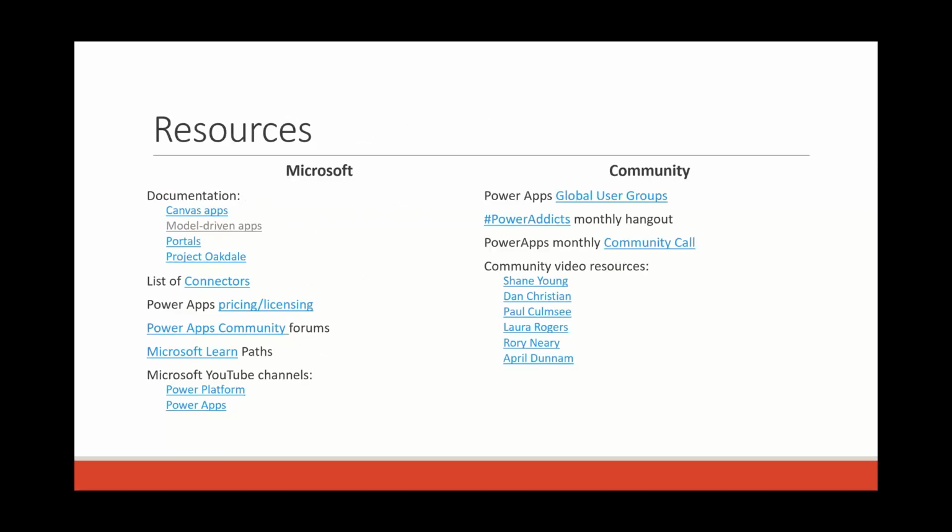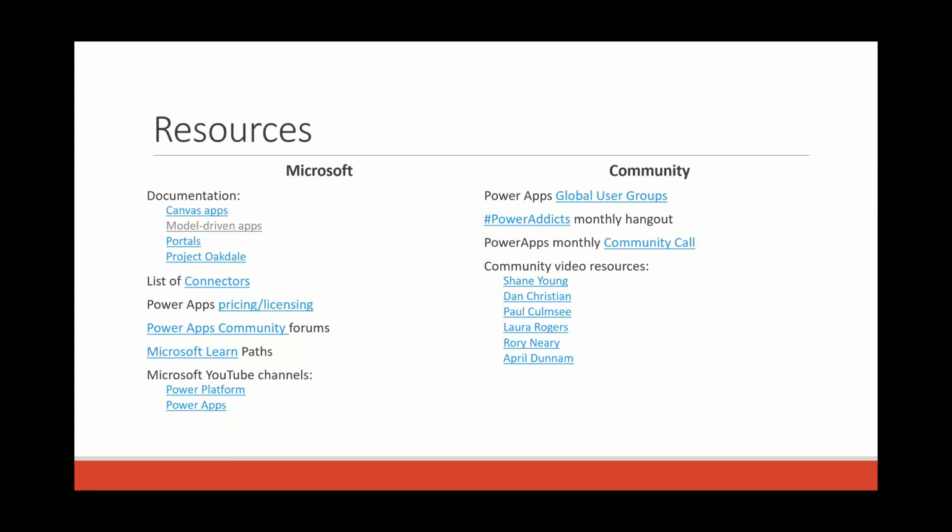And then I've got a whole slide full of resources here, and we're going to be providing the slides to you in an email because these are all links to things. But on the one on the left side are lots of Microsoft resources, all the documentation for the different types of apps, the connectors list, because that's key to all of the Power Platform, is that you can connect to all kinds of different services.